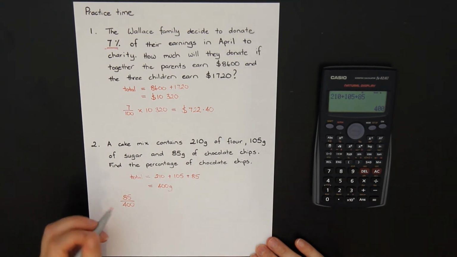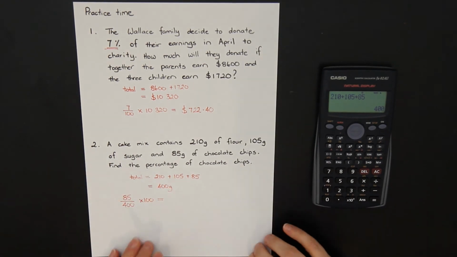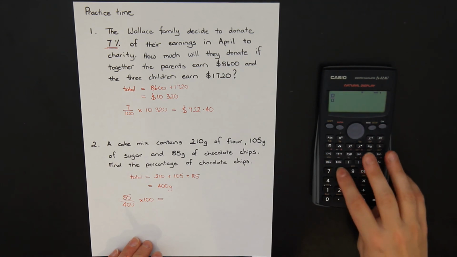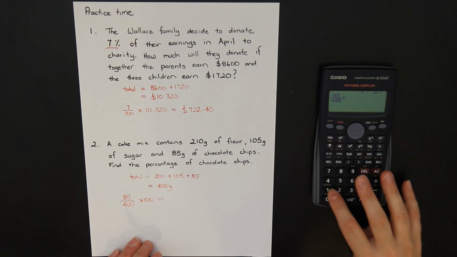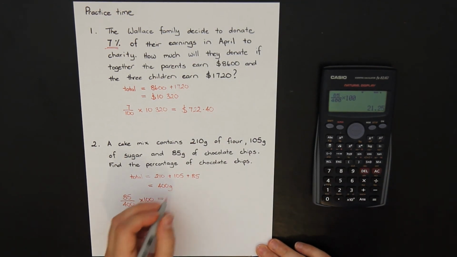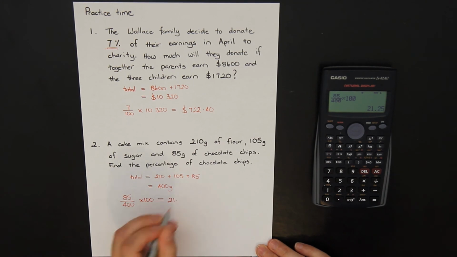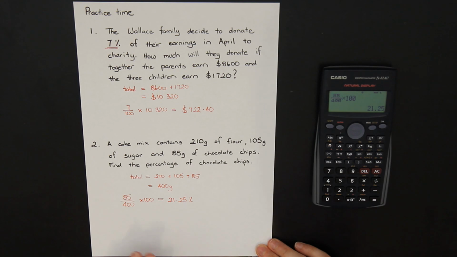If we want to make that a percentage, we need to times it by 100. On the calculator, 85 over 400 times by 100 equals 21.25% chocolate chips.